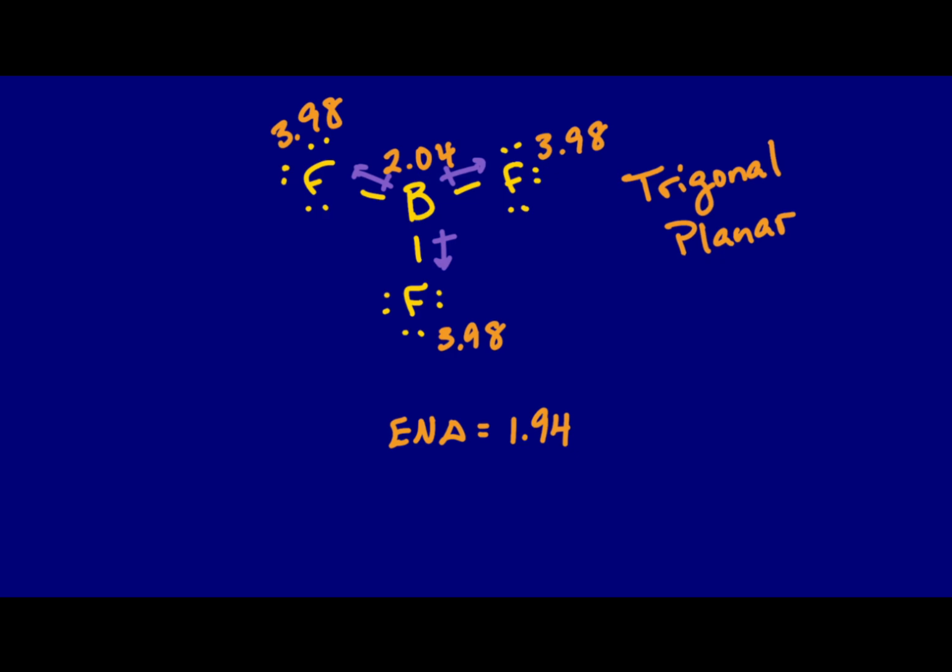Because if they're all pulling on the boron with the same magnitude and all 3 of these directions have the same bond angle, shared electrons are all going to be pulled in equal and opposite directions from each other. So because of that, these bond dipoles will cancel each other out. All 3 of them will be canceled, which will then leave us with a nonpolar molecule overall. So when we talk about boron trifluoride, it is considered nonpolar because of its symmetric shape and the canceling of each individual bond dipole.